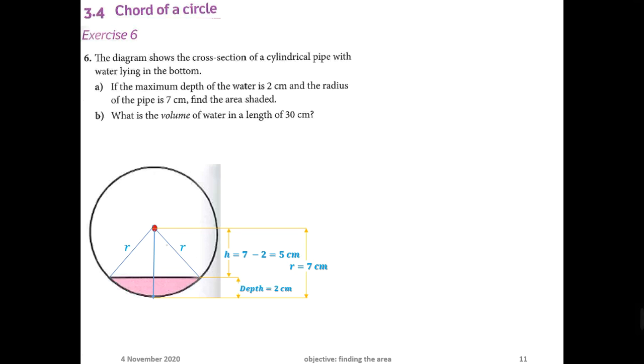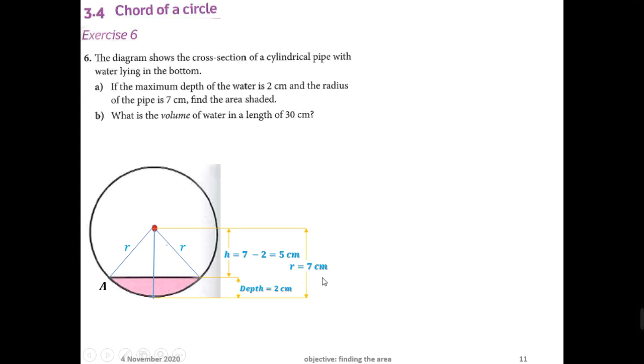Because we are always trying to find a sector and a triangle. If you have a look here, when we use the depth of the water, the points of the depth of the water, we created a sector as well as a triangle. Perfect.